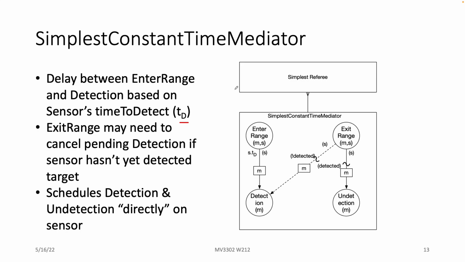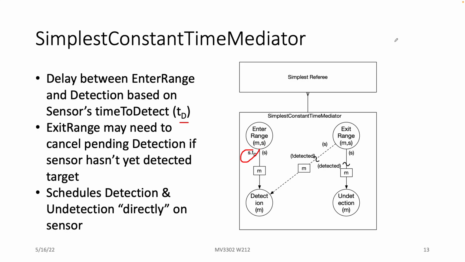Because that's a parameter of the sensor, we don't have to have a separate class for each possible value of the time to detect. So when we enter the range, the difference here is that there is a delay, and that delay is the time to detect parameter on the sensor. And then we pass the target, the mover, as the argument, and so that gets passed to the detection event of the sensor.